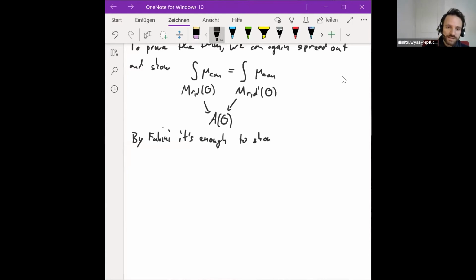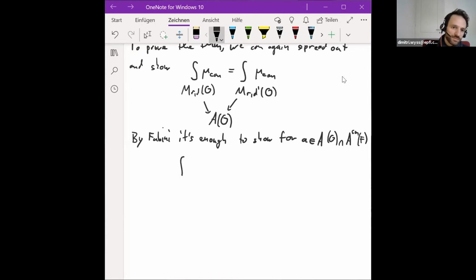It's enough to show it if you pick a point in the base, and again, by this measure zero business, we can consider only those points in the base that generically lie in the smooth locus.